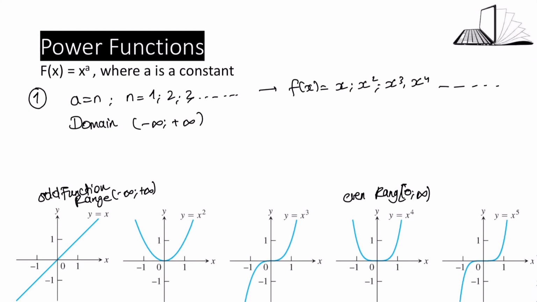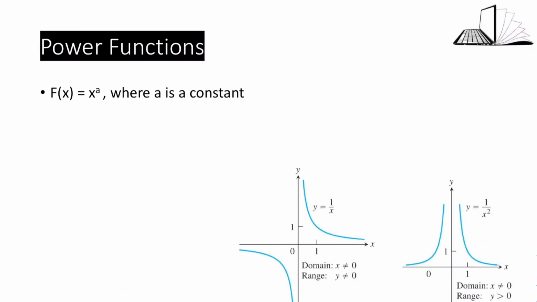Now, this is for the values of a equal to integers. What happens if the values of a are negative values?